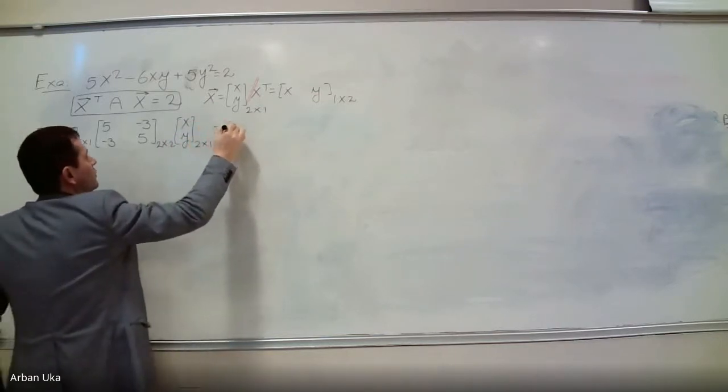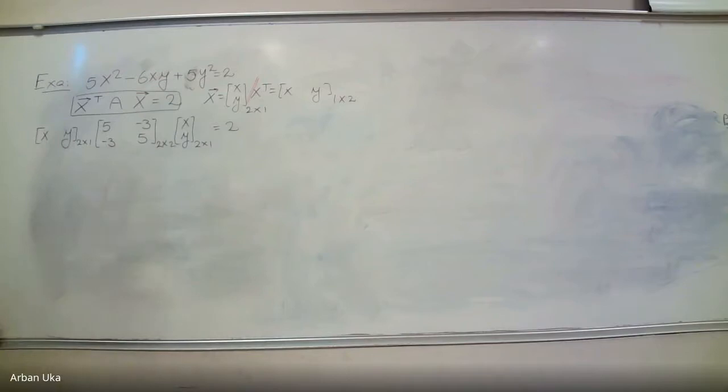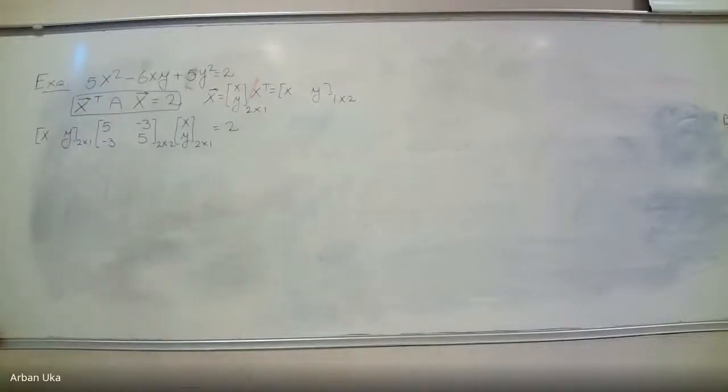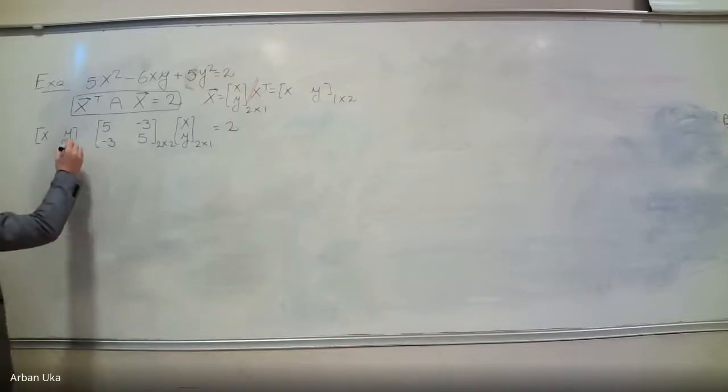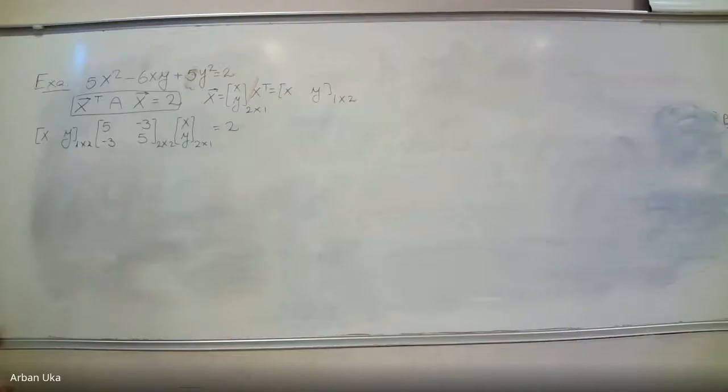This is equal to 2. And this scalar number 2 is also 1 by 1. So if we multiply, sorry, no, this is wrong. What is wrong here? Can you notice it? I missed it. The first one is 1 by 2, so it is 1 row and 2 columns. And when we multiply them, it will be 1 by 1. It is a scalar in the end. That is true. So apparently, we can write it like this.